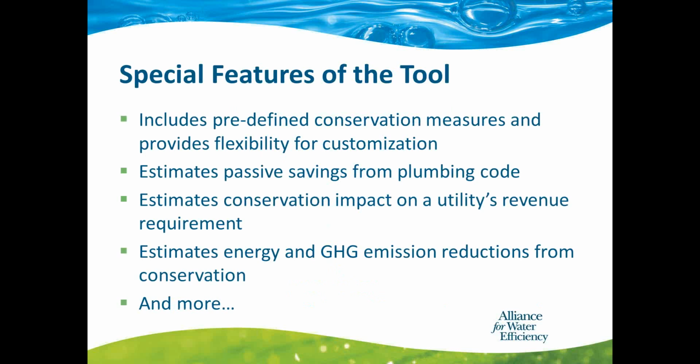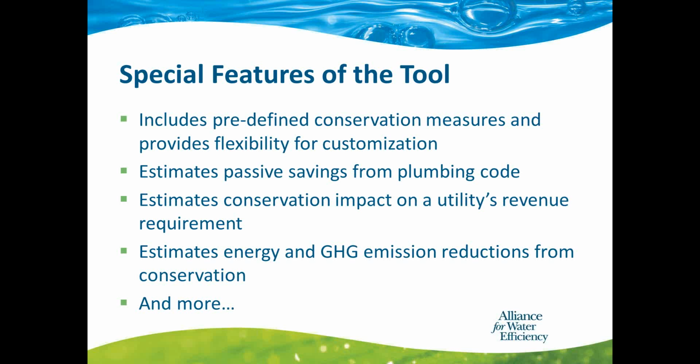So what are some of the special features of the tracking tool? Well, it comes with a predefined library of conservation measures. We did a lot of research and digging into common costs and savings for a variety of water conservation programs. And that built-in library can be customized.